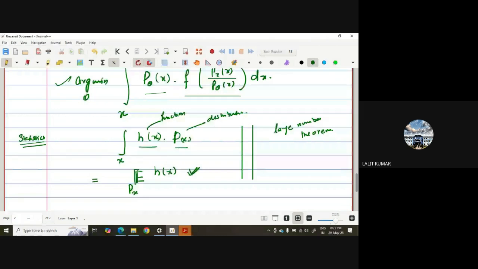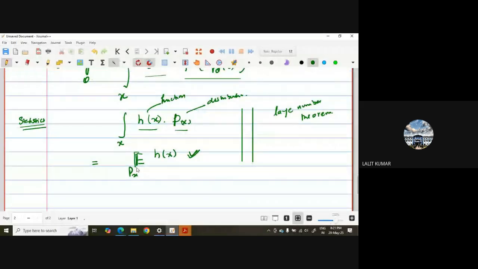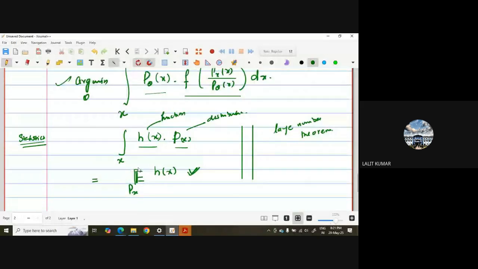Can anybody tell me? Can we do it or can't we do it? Okay, so I'll take this silence as no. We cannot do this because this function is comprised of both p_X and p_theta.